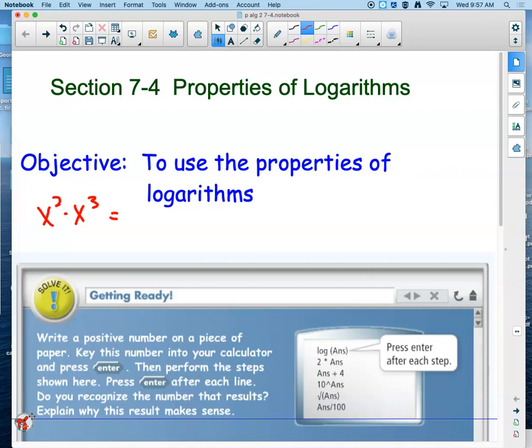We were supposed to add. To multiply similar bases, we add the exponents. So logarithms have to do that as well. If we want to multiply a couple logarithm numbers together, then we have to add instead.